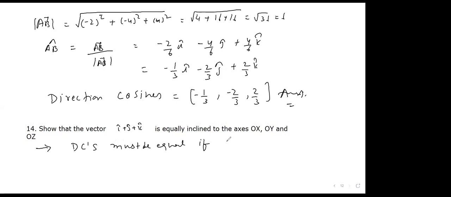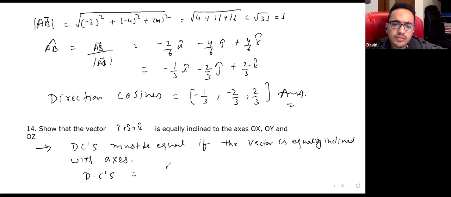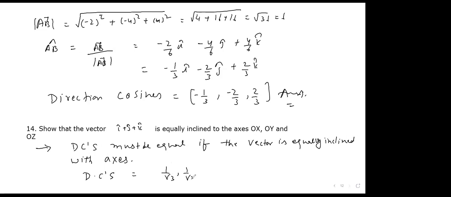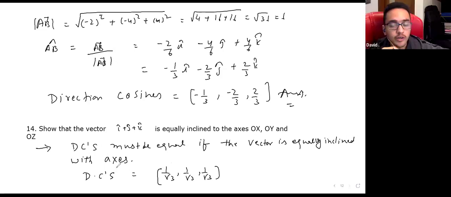If the vector is equally inclined with the axes, the DCs are equal: 1 over root 3, 1 over root 3, 1 over root 3.